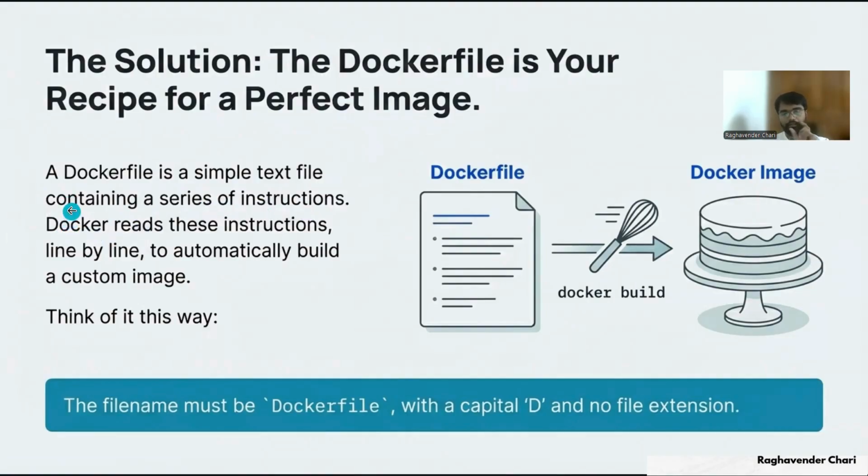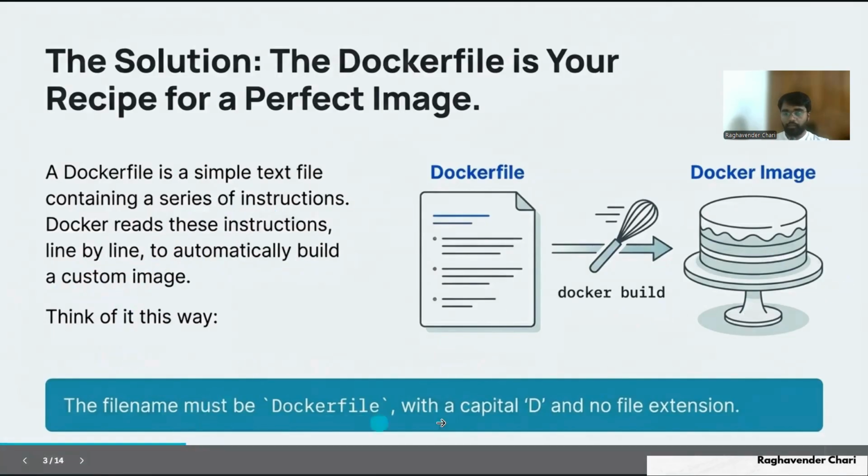We'll create a complete, simple project here, going through it step by step. We'll go through an overview, then create the Docker image on our own. Docker reads these instructions line by line to automatically build a custom image.